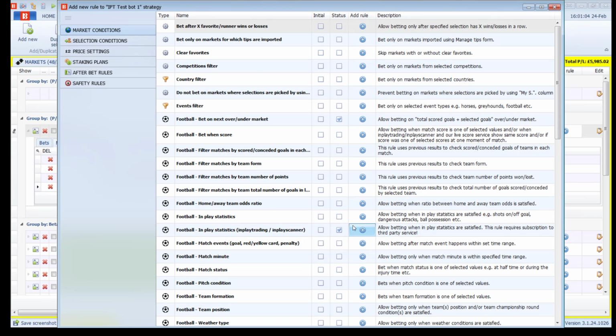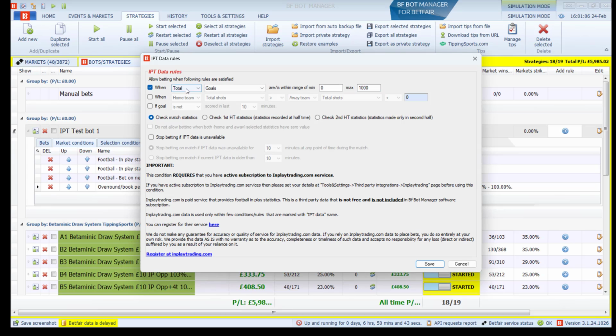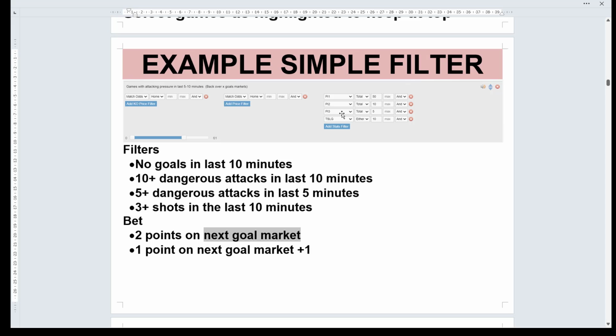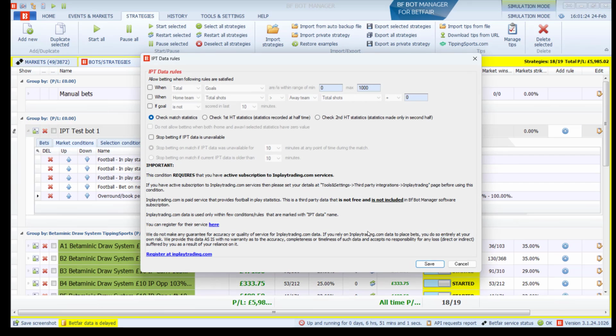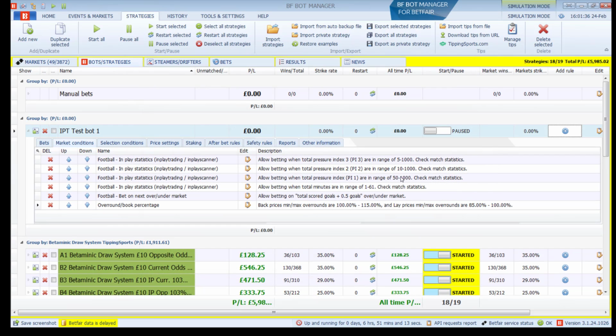Again, I add a rule, in-play statistics, when total pressure index 2 is 10 or more. And I want to bet when the pressure index 3 is 5 or more. I add a rule, football in-play statistics, in-play trading, when total pressure index 3 is 5 or more. We have that set up there, 5, 10, and 50.